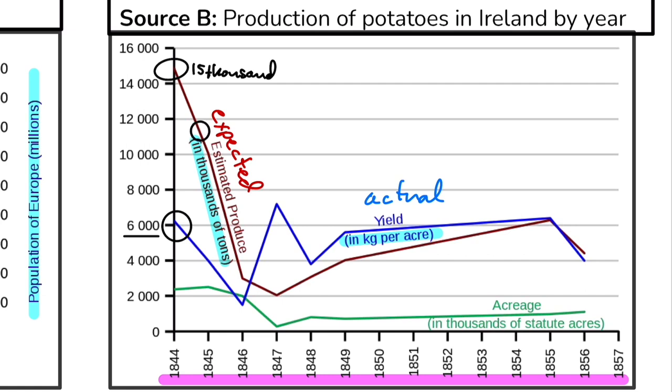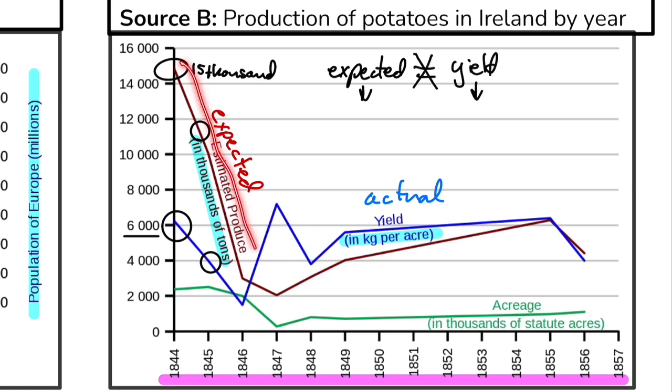But then again, so does the actual yield that they get. So what we see here is that the assumed amount of potatoes, or the amount of potatoes planted, decreases, as does the actual yield of potatoes grown. And we know that as the number of potatoes goes down, so does the number of people.